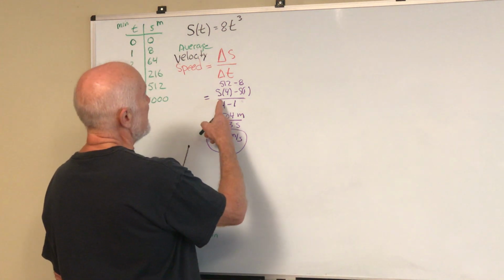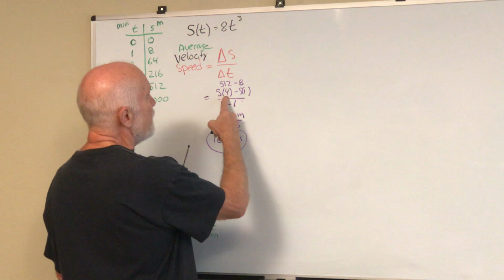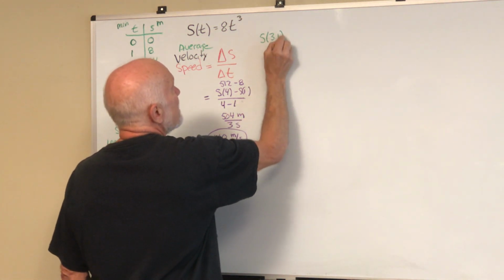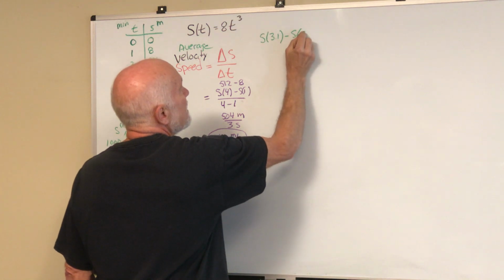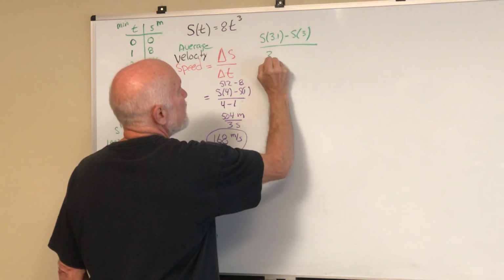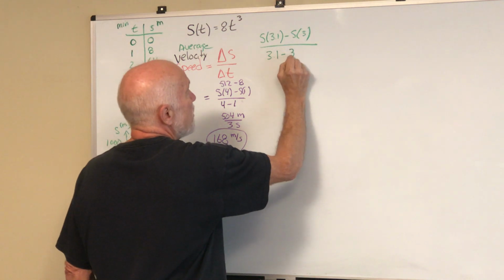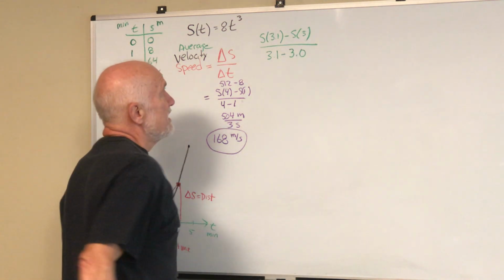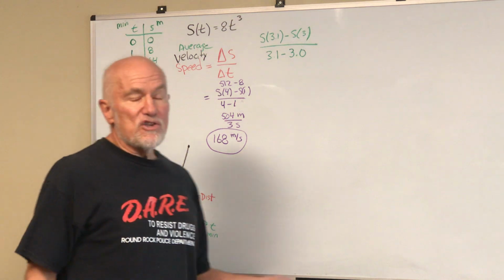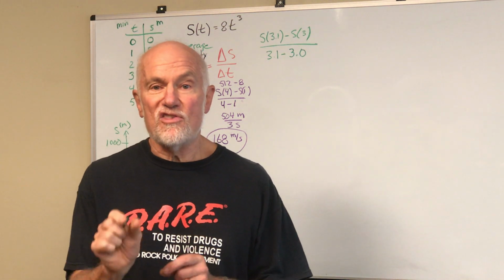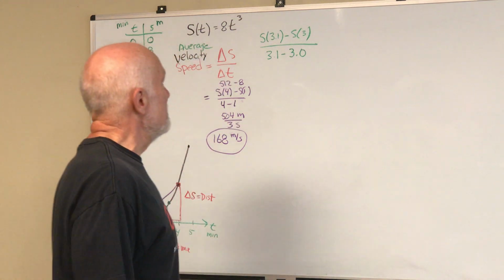So what we did, instead of going from 1 to 4, we went from time 3.0 to 3.1. And there, the average velocity should be pretty close to the instantaneous velocity at time 3, because it's such a short period of time.